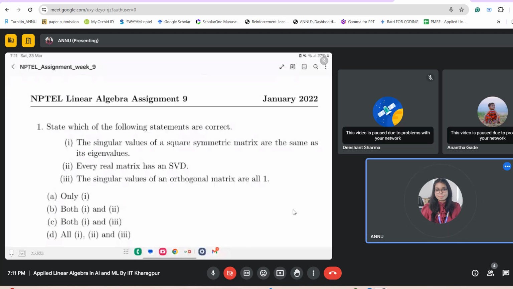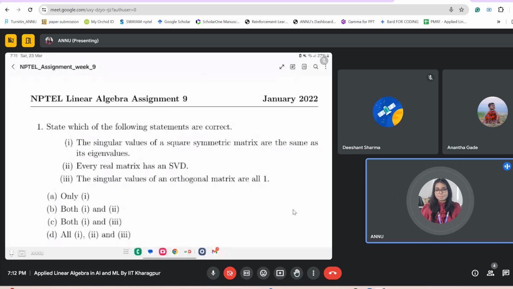This is the symmetric positive definite matrix, SPD. For SPD, this is the same, but in the case of a square symmetric matrix, this is also the same. Why? Because A transpose equals A in this case, and sigma will have the same values.